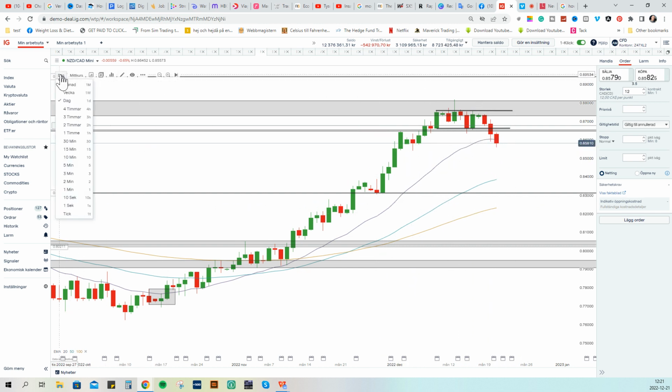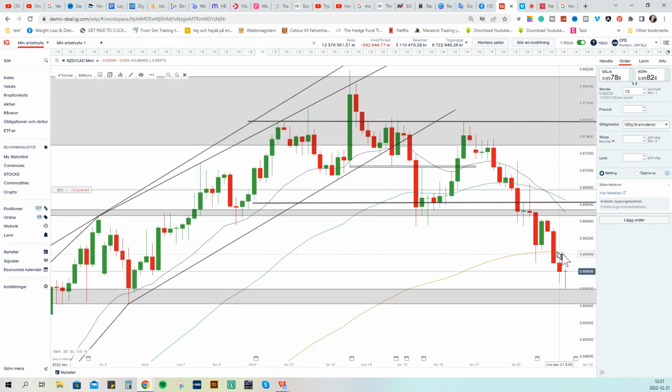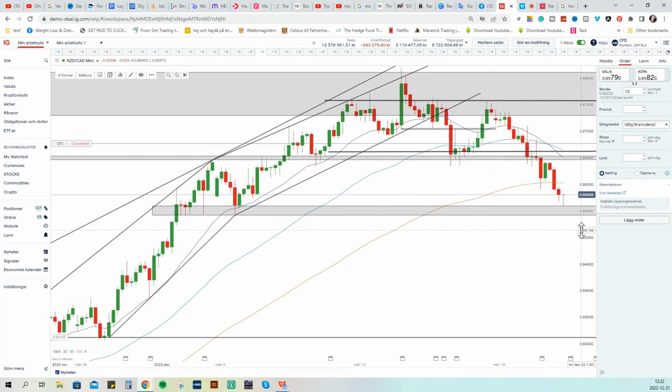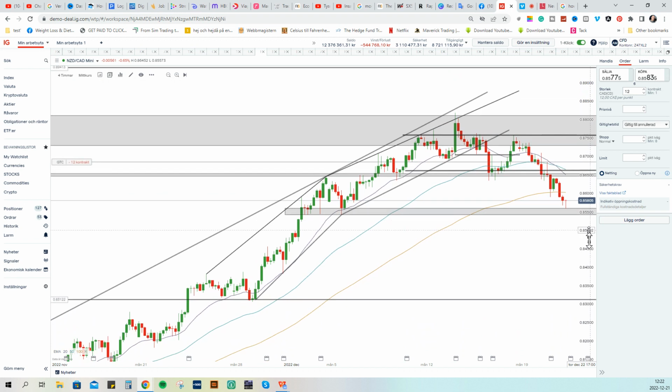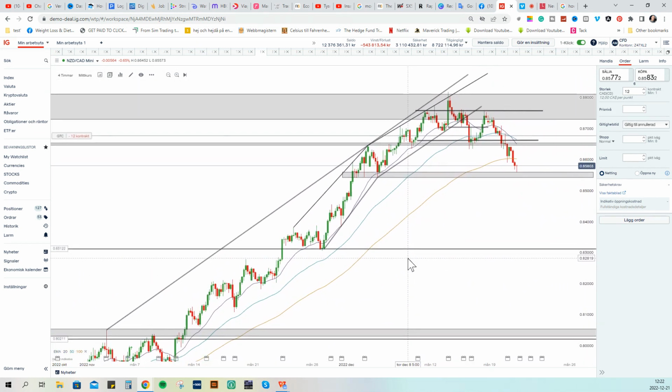And let's have a look at the 4-hour chart. I will begin to explain how I studied it.